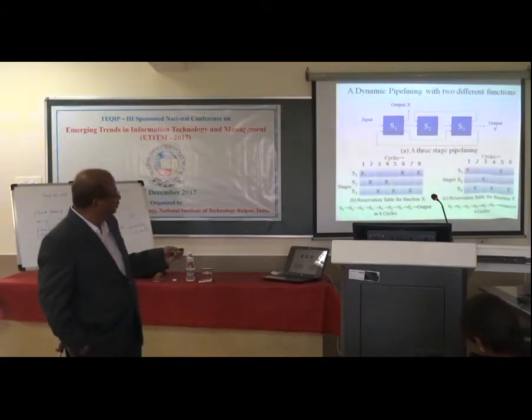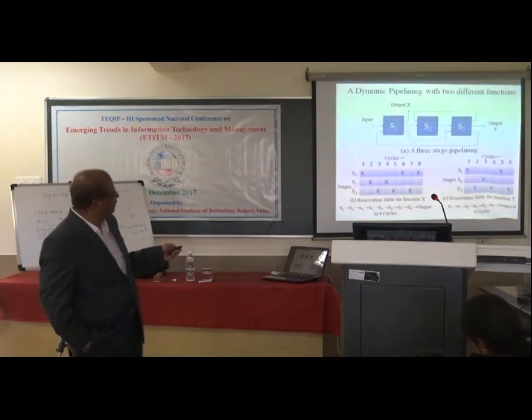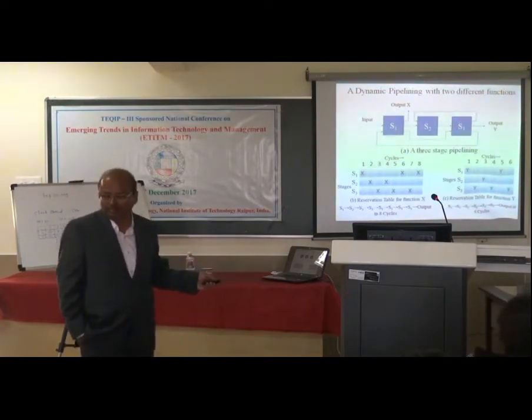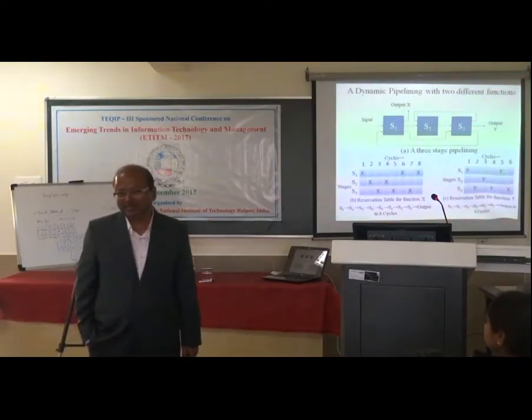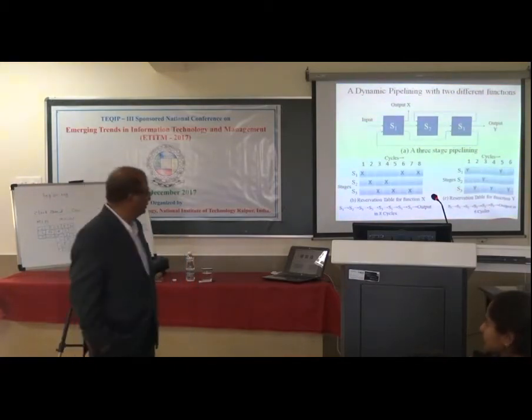I had shown you the normal static pipeline, and this is a dynamic pipeline performing two different functions. More functions can also be performed. And the subject you are studying, parallel computing or advanced computer architecture, I think you might have studied to some extent.